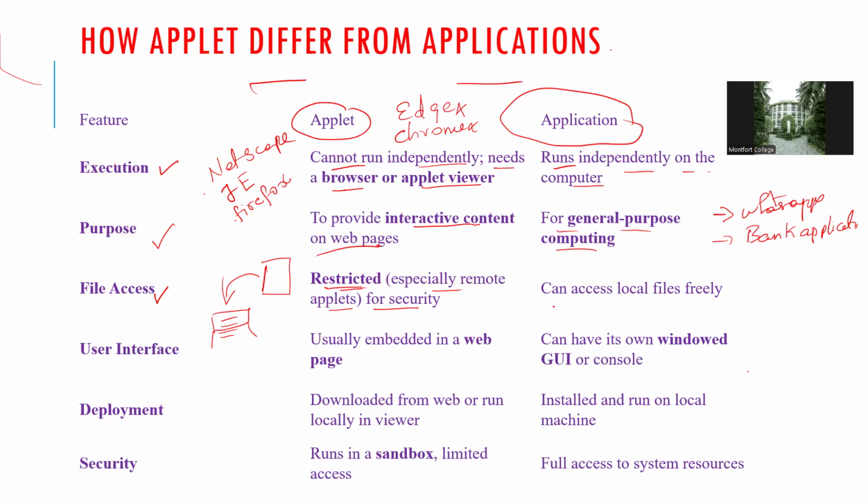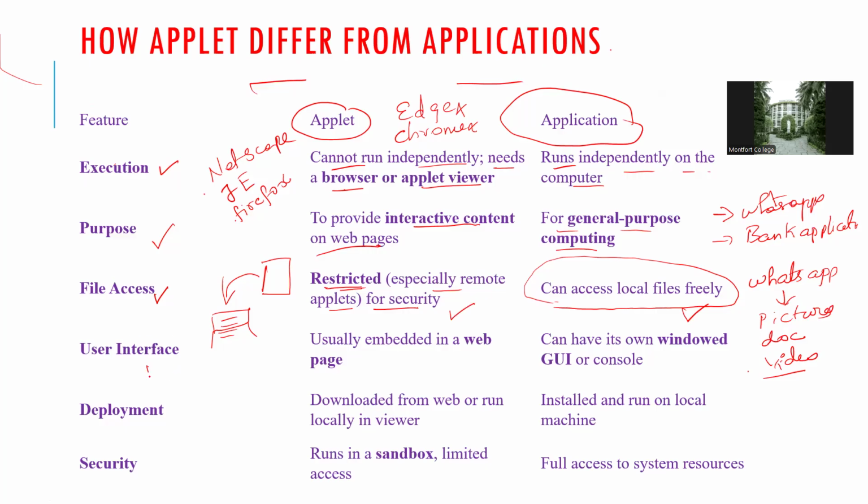An application can access local files freely. If I log in to WhatsApp through my system, I can send my pictures, my documents, my videos. That is up to me. These are all the possible ways in applications, not in applets.